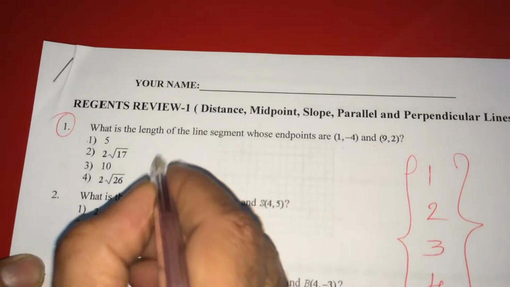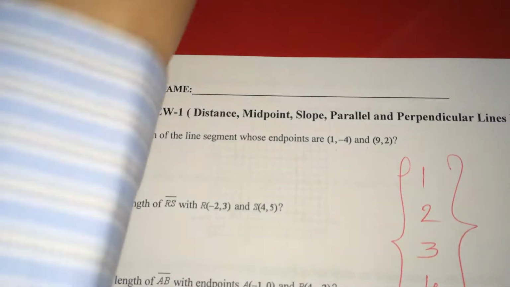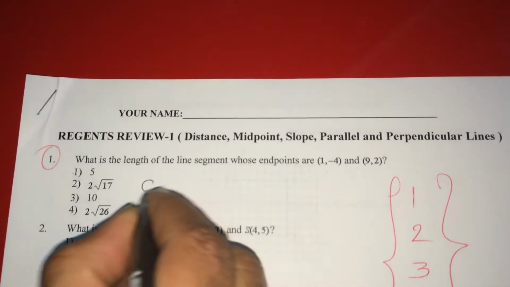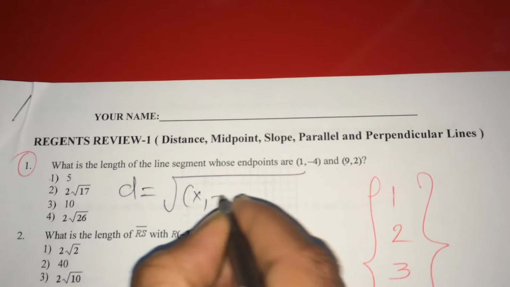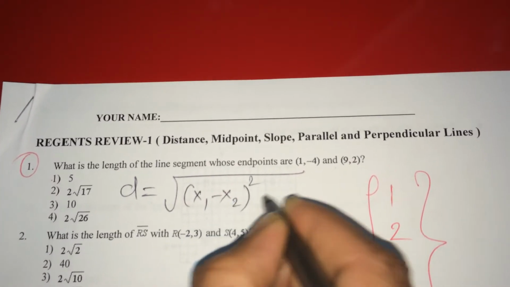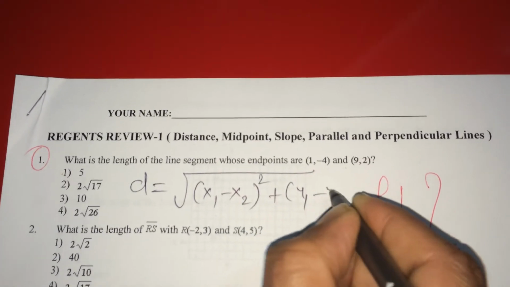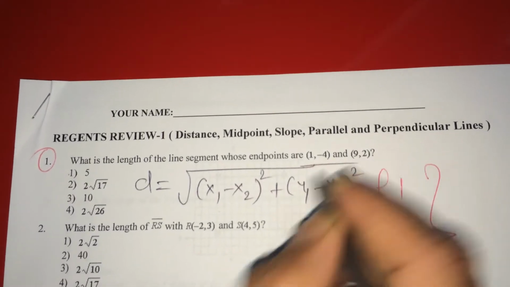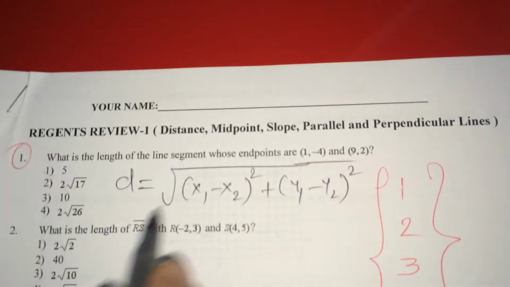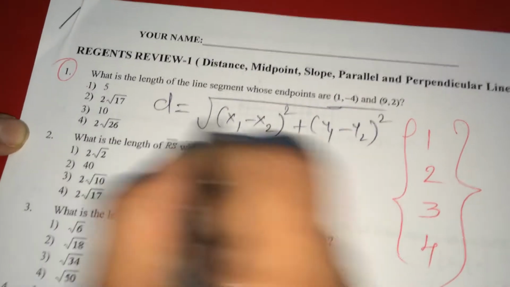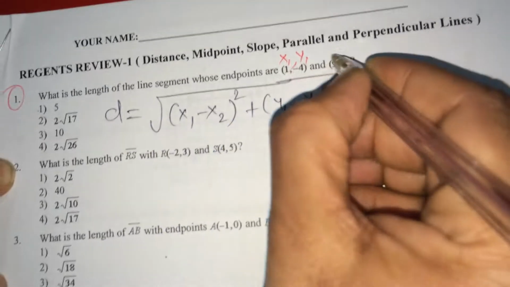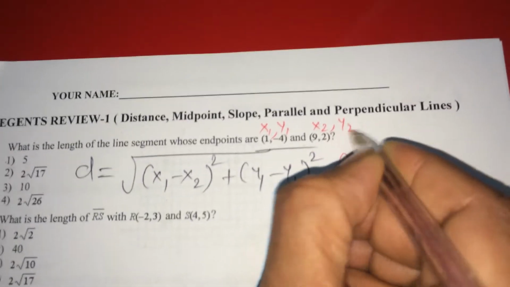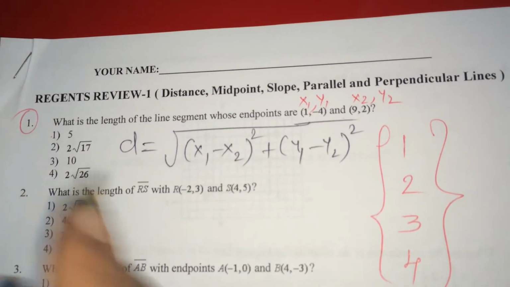So first, I have to write the formula for the distance. So distance is square root of (x1 take away x2) squared plus (y1 take away y2) squared. And to substitute, I have to label these x1, y1 for the given points so that it becomes easier to substitute here.